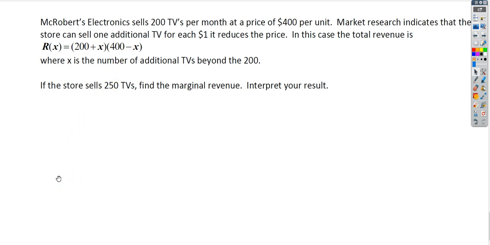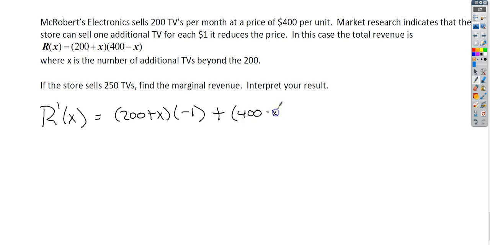And the marginal revenue is the same as the first derivative. So we're going to take the first derivative. If we remember, that's the first one times the derivative of the second, which would be -1, plus, because it's a product, the second one times the derivative of the first one.